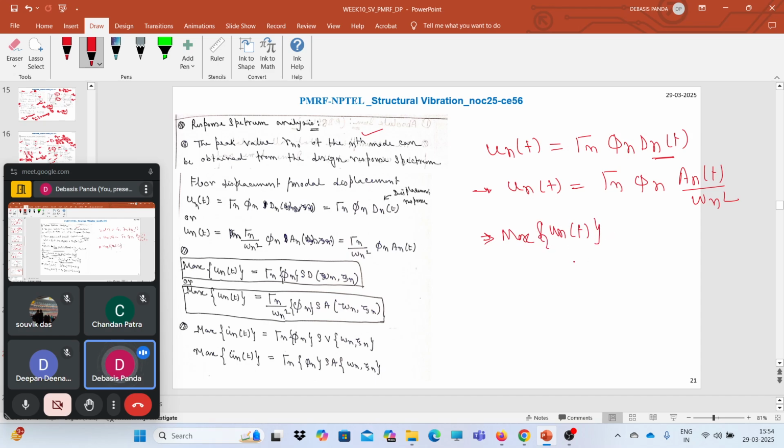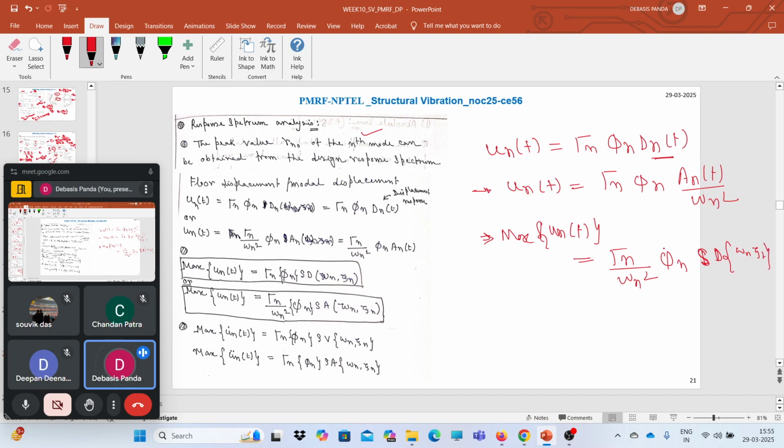The maximum of u_n of t will be nothing but the participation factor divided by the corresponding modal information, then Γ_n by omega n square, or you can use it like this, S_d corresponding to omega n, zeta n.